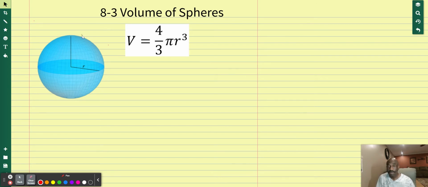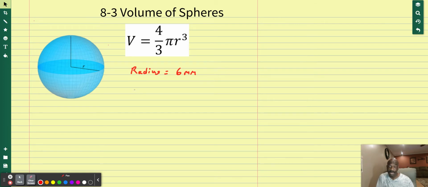So let's say the radius in this case equals, let's go with 6 millimeters. We want to find the volume. There's only one number with spheres.